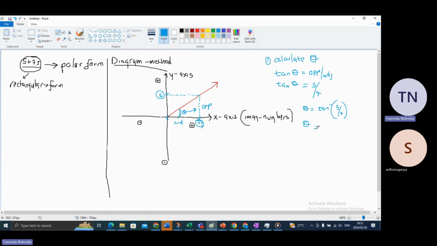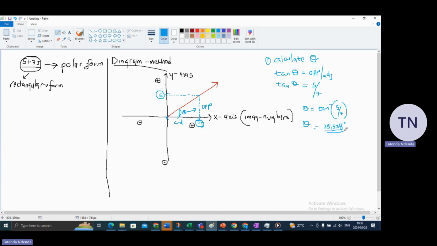So I'm going to get something like 35.538, so I am having 35 point something degrees. So this is the answer that I'm supposed to get at the first end.